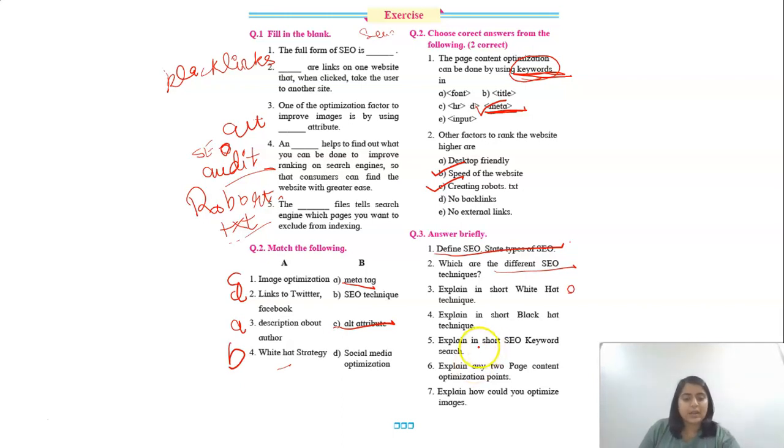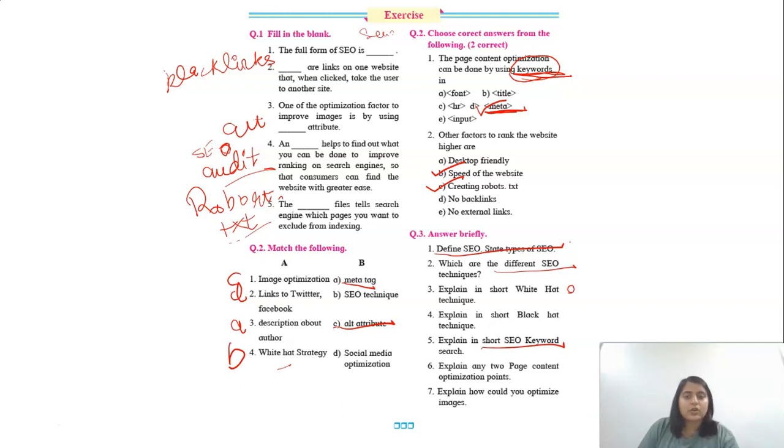Explain in short SEO keywords. SEO keywords are important factors for search engine optimization, and basically they are words or phrases which describe your website the most. You need to write a bit about them. Any 2 page content optimization points.